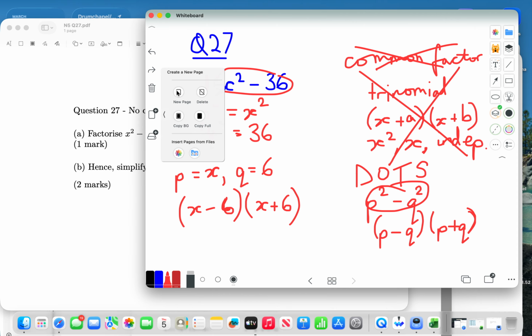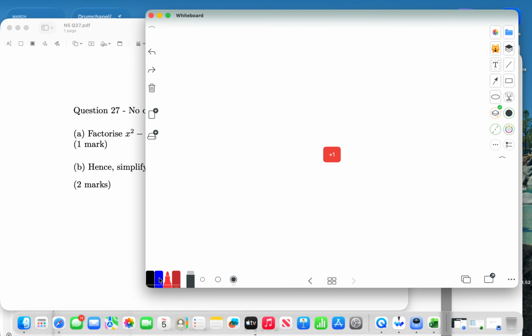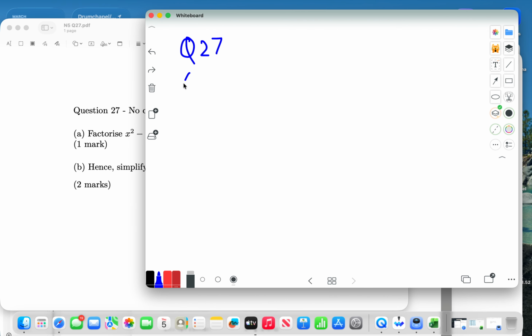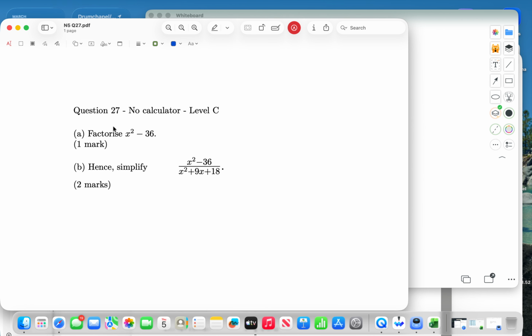But part B requires us to then use part A. We have to simplify the fraction, and the big hint is the word hence. If a question says hence, you must use what you've obtained in the last section or at other points of the question.